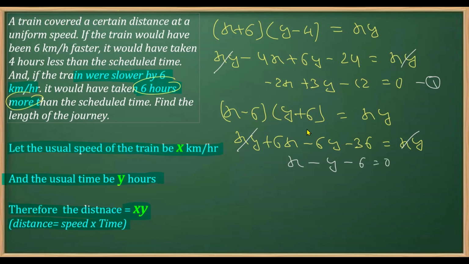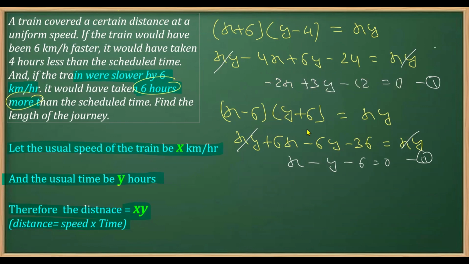If I take 6 common, it is x minus y minus 6 equal to 0. Now we are going to use the elimination method here to solve these two equations. This is the second equation. Equation 1, as you can see, is this, and equation 2 is this.